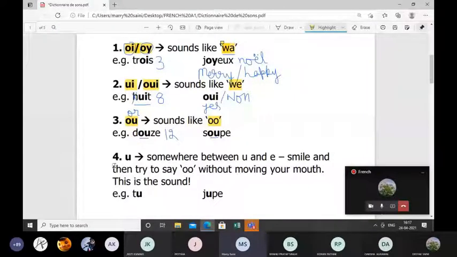Next one that we have here is U. Whenever we have U in a word, you have to give the exact U sound. Like here you have tu. Tu means you. We use tu for a single you and informal you.